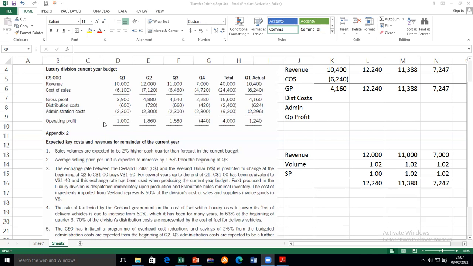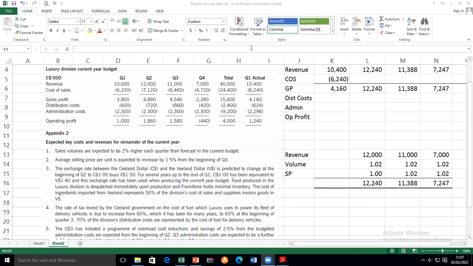You had 50% of the cost in $V. How do you convert the $V into a $C? What did they do? How did they convert the $V to $C?